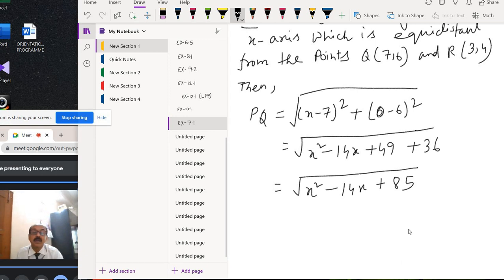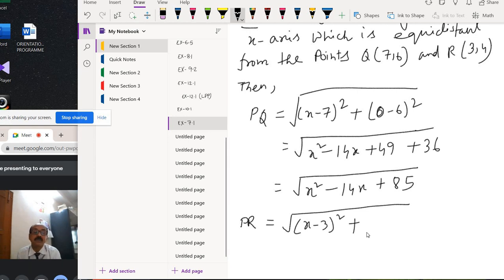Now PR equals, by the distance formula, the square root of x minus 3 whole square plus 0 minus 4 whole square.